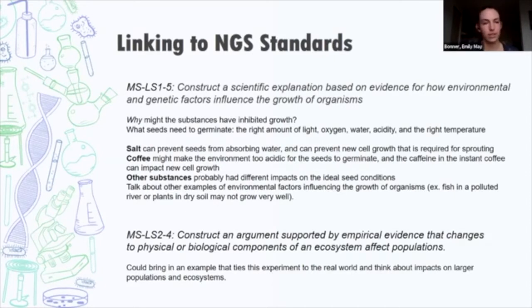So you could have a discussion in your classroom about what each of these substances are really doing to the seeds. Why are some germinating while others aren't? So you could talk about what salt really does to the seedlings. You could talk about why are some of the seeds in the same bag sprouting while others aren't. So that could be because of genetic factors.